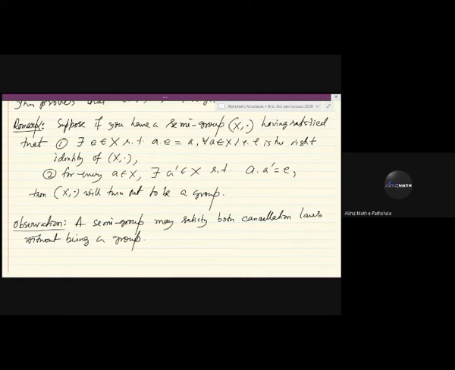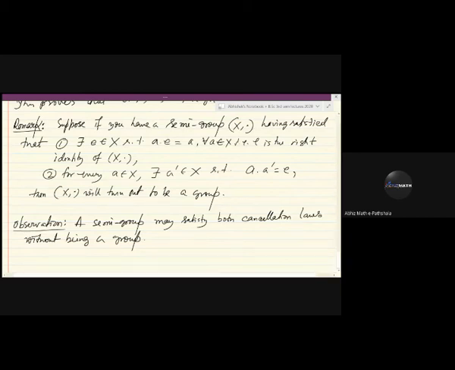That means we have already seen that a group must have cancellation laws, left and right both. But the converse is not true in general. That is, if you have a semigroup, it may satisfy both the cancellation laws, but it will not satisfy the properties of being a group.